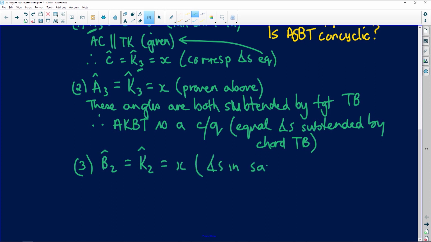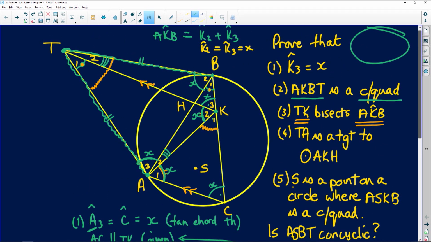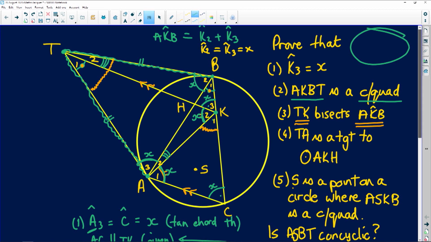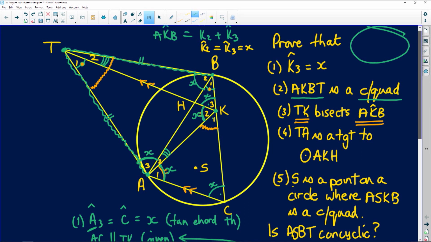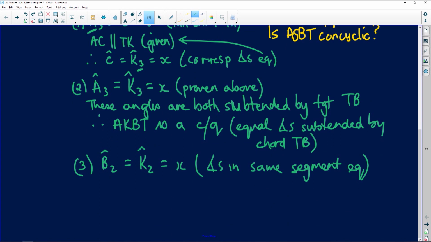Angles in the same segment are equal to one another. Okay, that was a cyclic quad. But then we also said earlier on that angle A3, which is equal to B2, is also equal to K3. So angle A3 is equal to angle K3 is also equal to x for the same reason, the angle in the same segment. That's all we have to say.